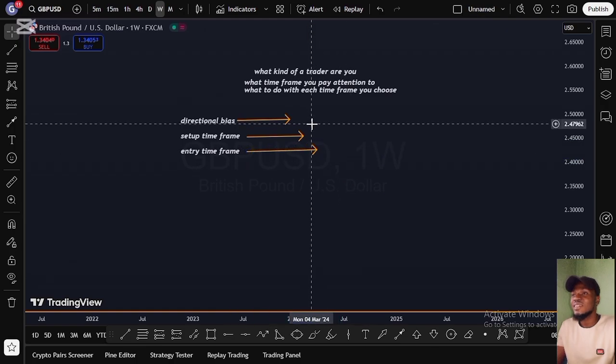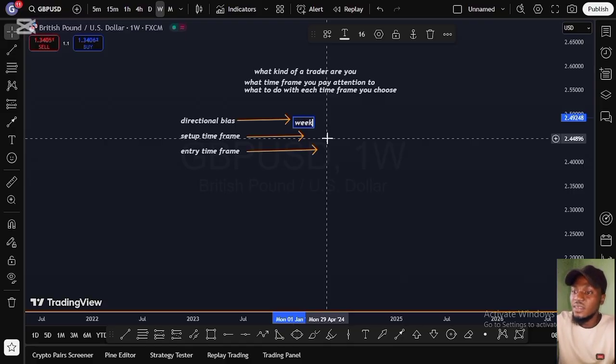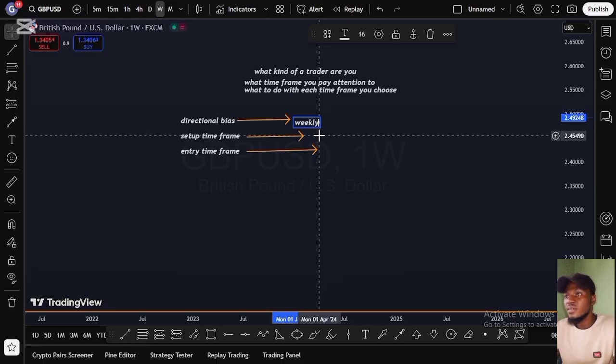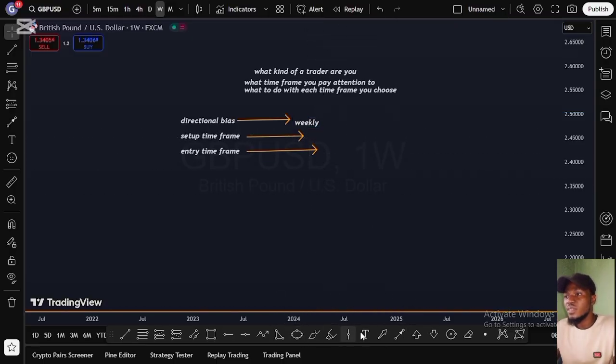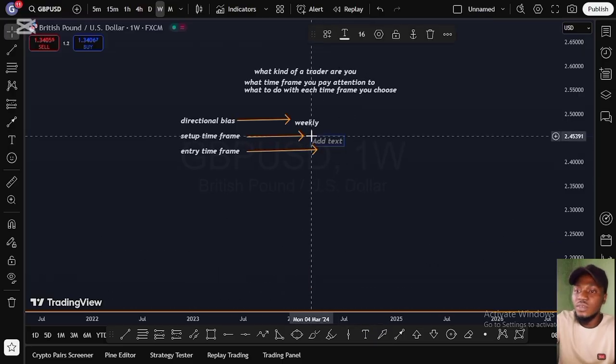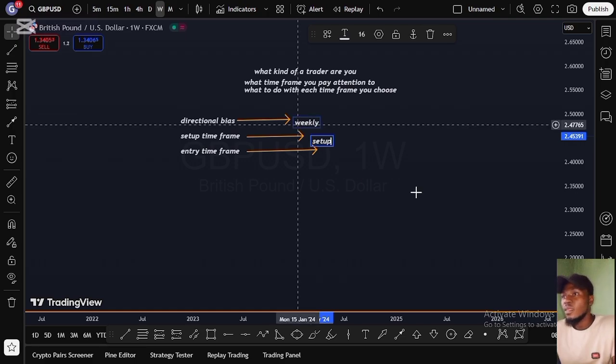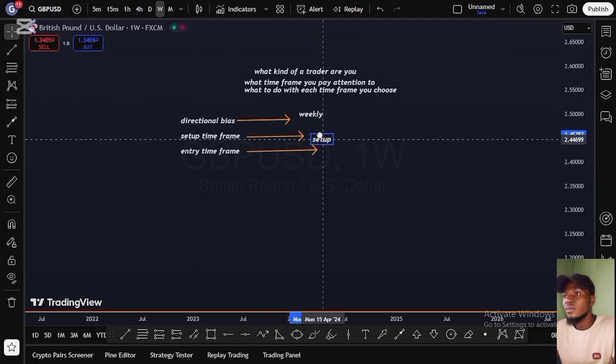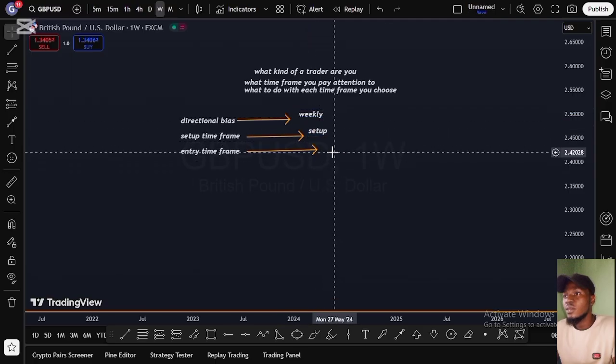I guess that's good. So right here now, I'll put the weekly. For the directional bias, it will be weekly. The next one will be the daily, which is my setup. Now this will be my entry.